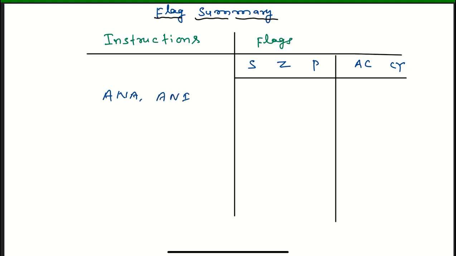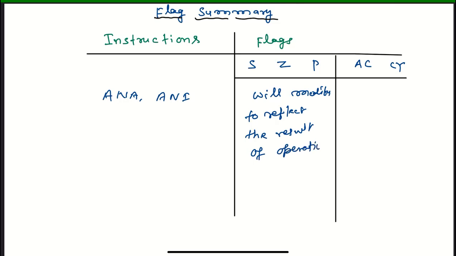For these two instructions, the sign, zero and parity flags will modify to reflect the result of the operation. But what about auxiliary carry and carry? The auxiliary carry will be set and the carry flag will be reset. This is the main important point here.